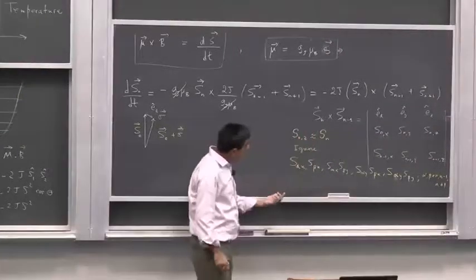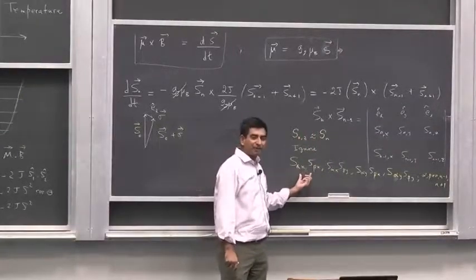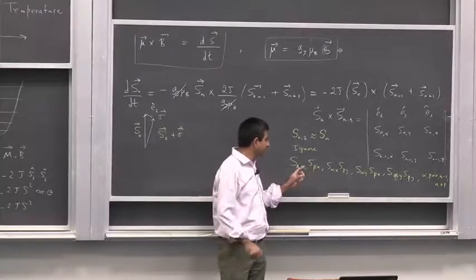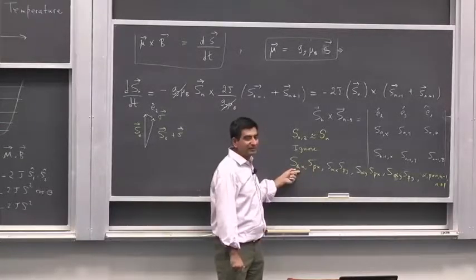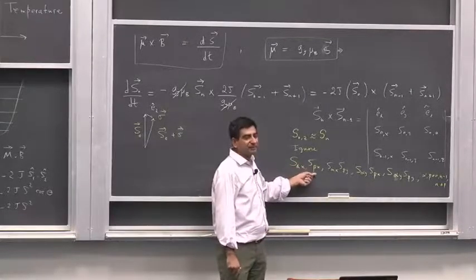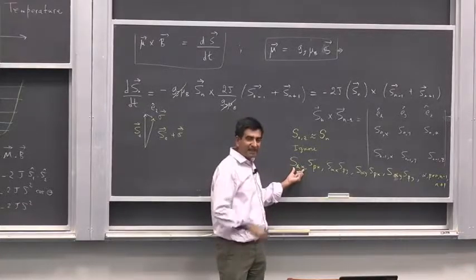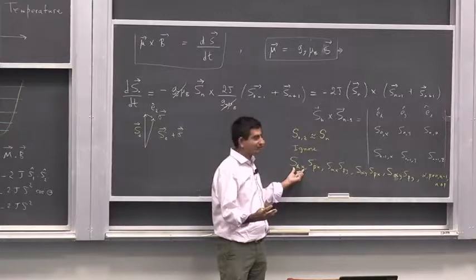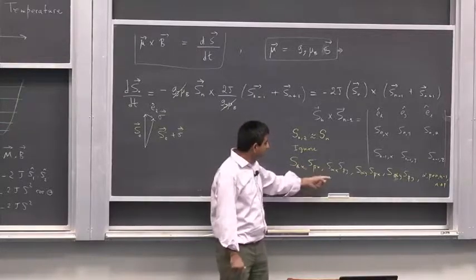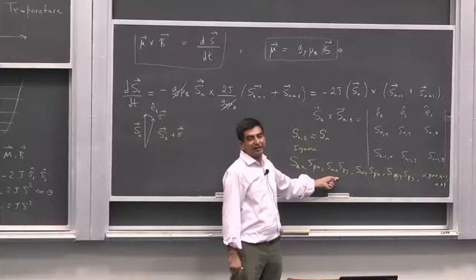Which means I would like to ignore terms that include mixed products, in which I'm taking the x component of one spin and the x component of the other spin, because this is really small. The x component is small. So likewise I ignore this term because this is second order in a small component.